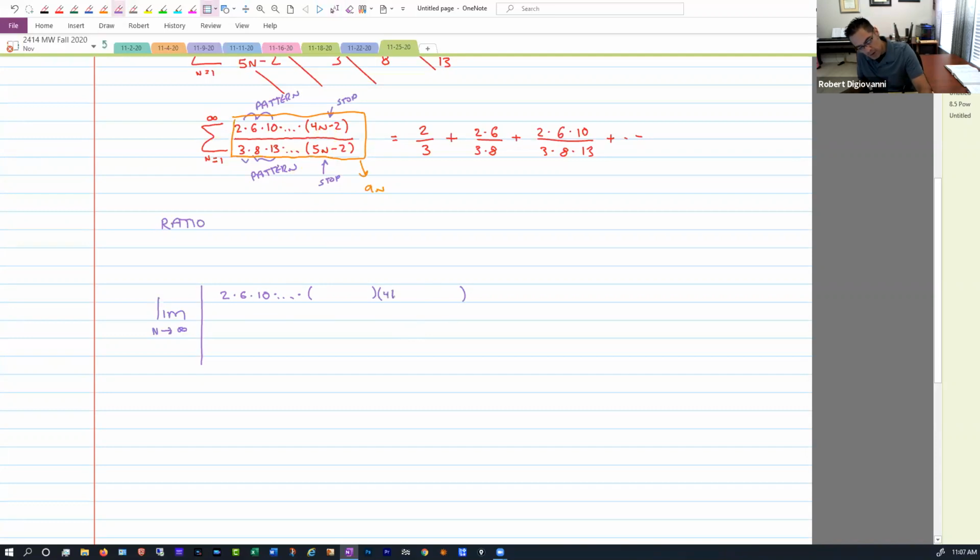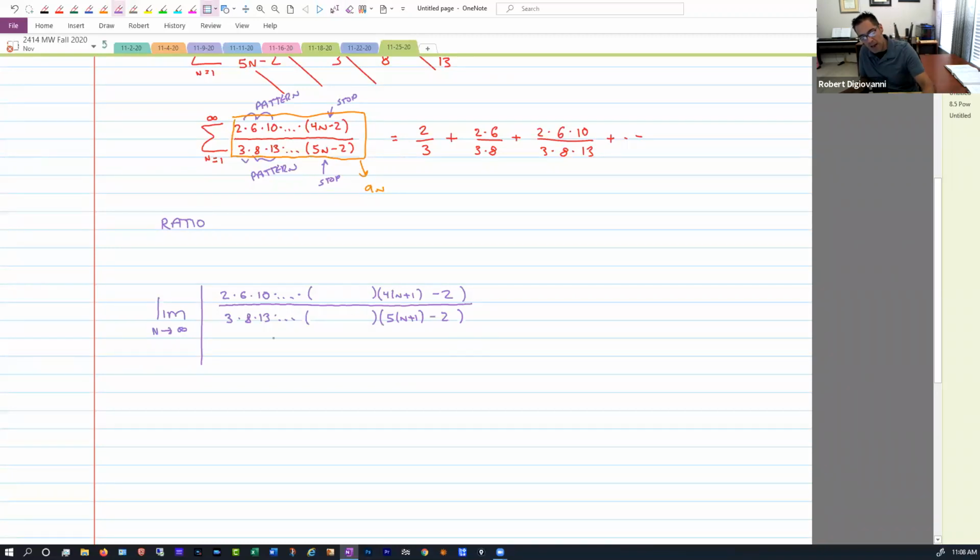So 4 times n plus 1, take away 2. And then I'll fill in that parenthesis in a second. 3 times 8 times 13 times dot, dot, dot, leave a space, and then whatever I get when I plug in n plus 1 into the last piece. Okay, that right there is a sub n plus 1.